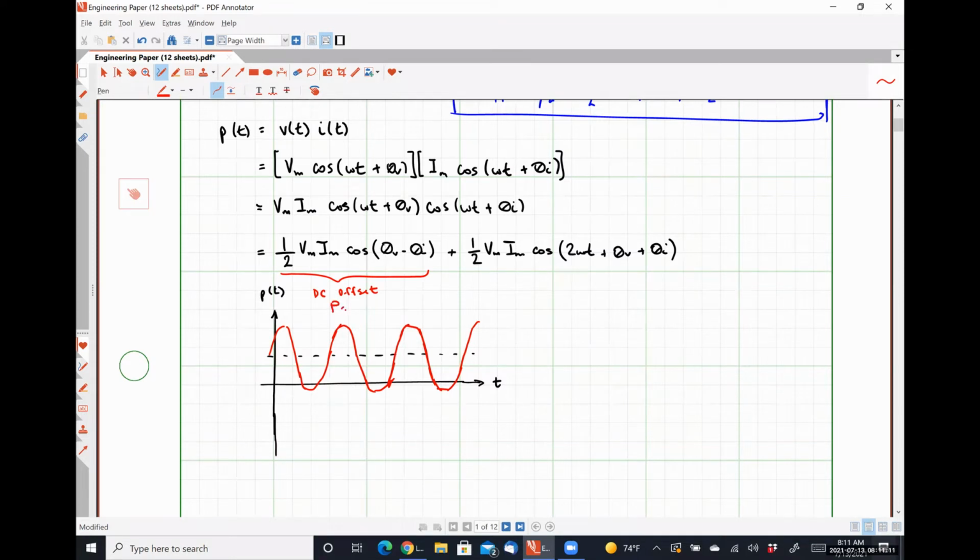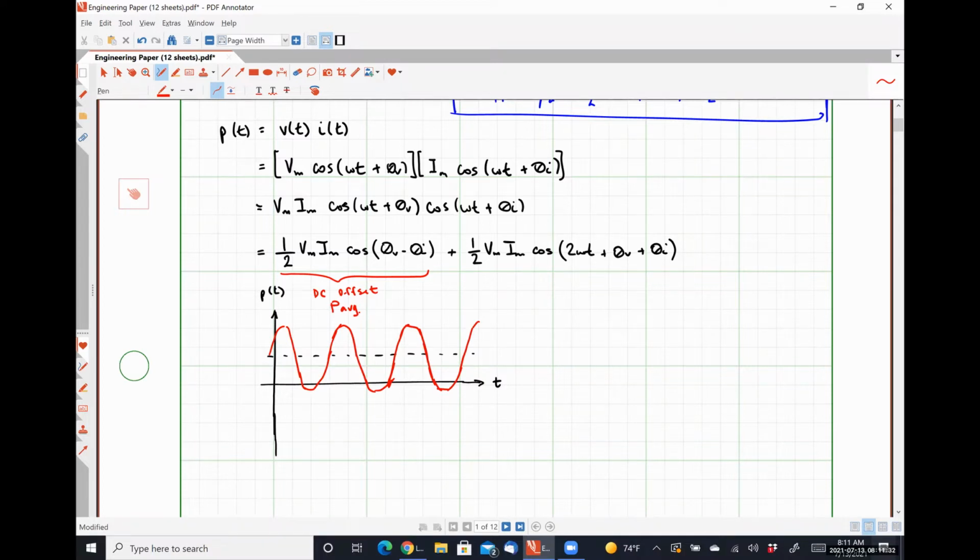So I'm going to call this P average, okay? Because that's the average value of the sinusoid. Half the time the sinusoidal part is above that DC offset value, and exactly half the time it's below that DC offset value.